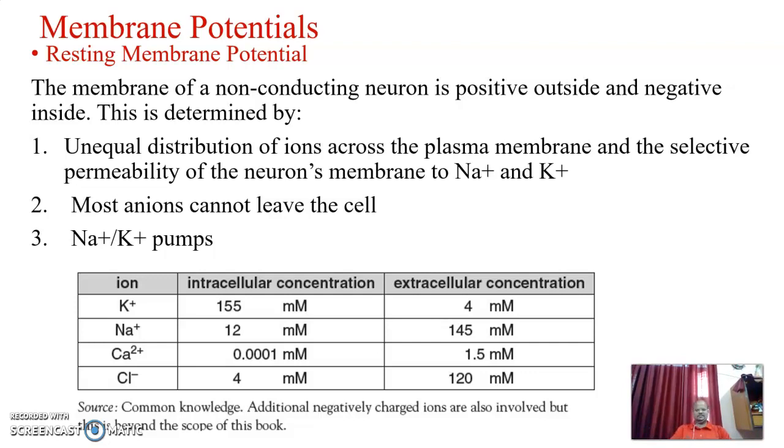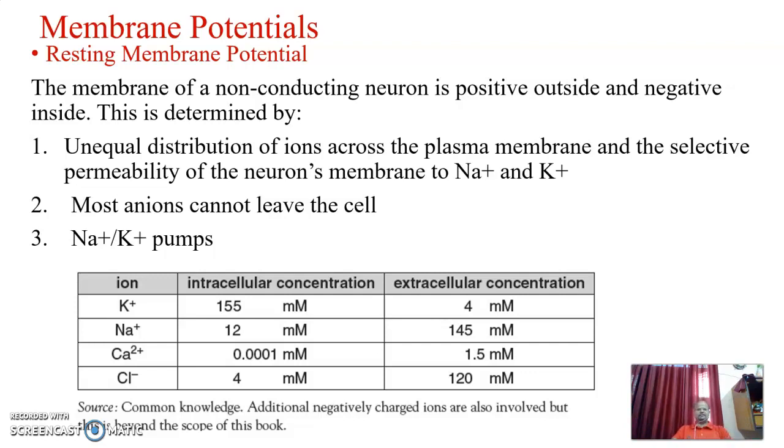You know that there is a difference in ions between the extracellular and intracellular environments, and the membrane is selectively permeable to different ions. For example, the membrane has more leaky channels for potassium ions than for sodium ions. It means potassium ions leak more to the outside environment than sodium ions, which leads to this membrane potential.